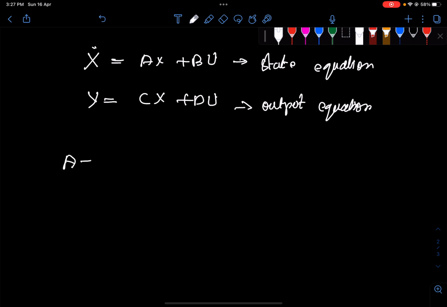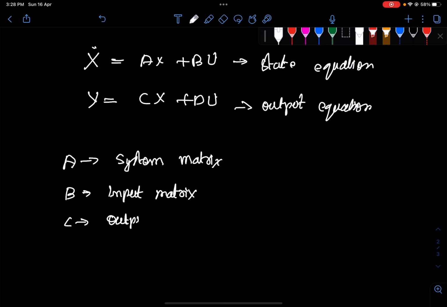A is called the system matrix, B is called the input matrix, C is called the output matrix, and D is called the feedback matrix or just the feed matrix.